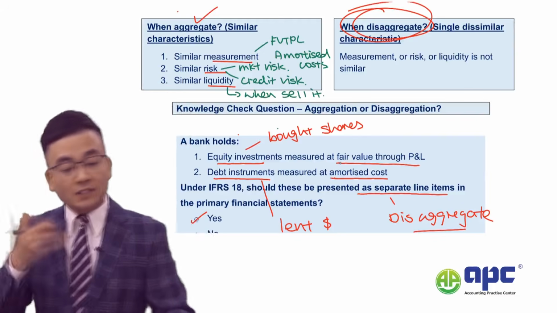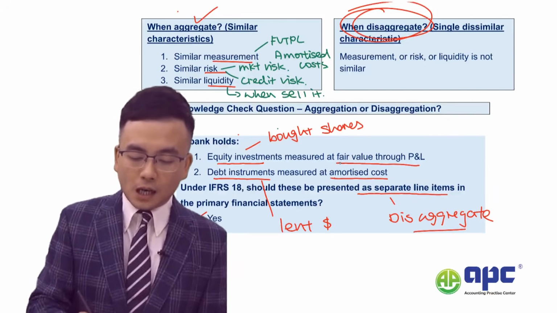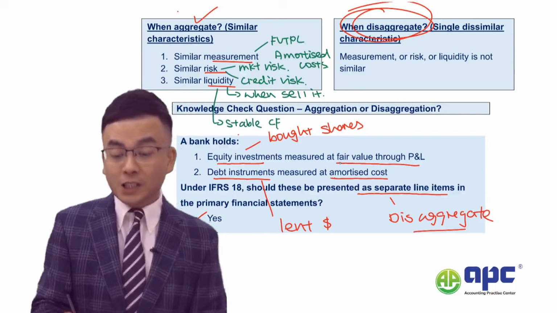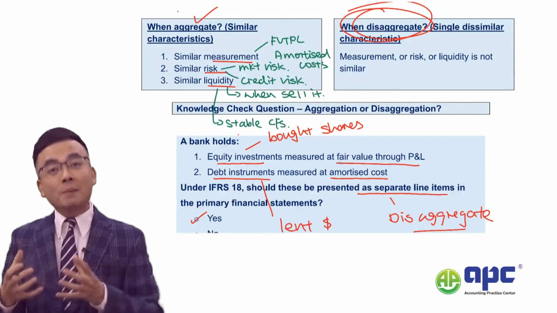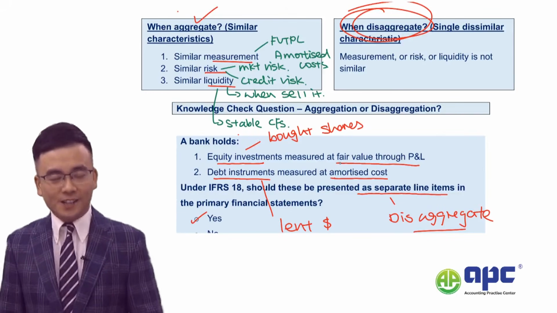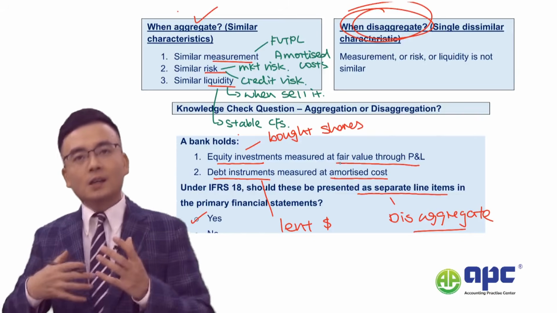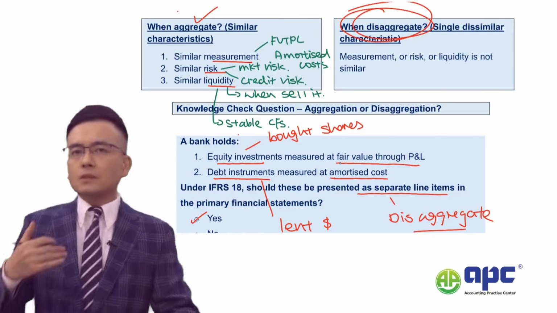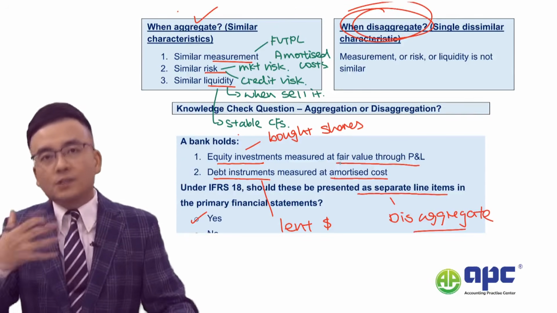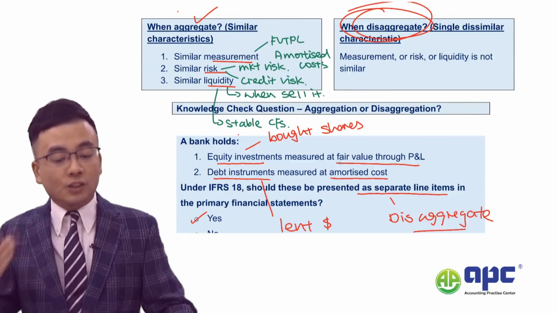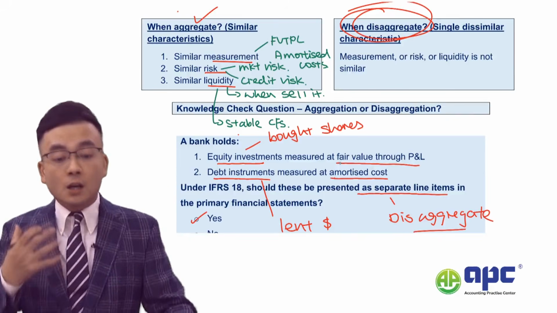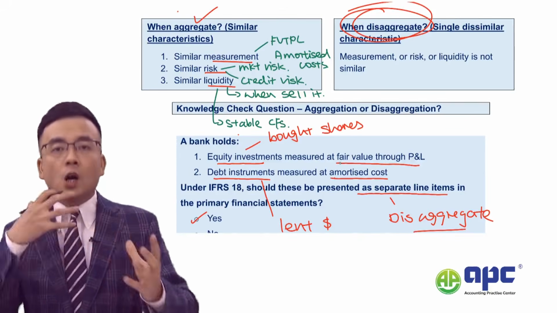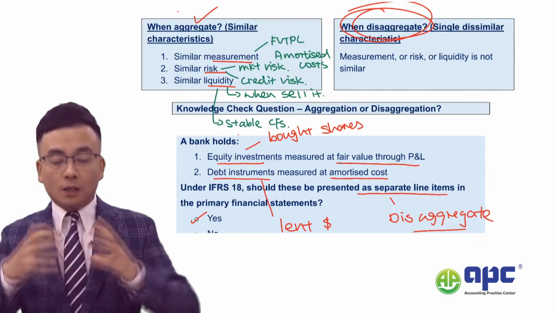However, a debt instrument has more stable cash flows in terms of liquidity, which means cash flows can be obtained, because we will most likely be receiving fixed interest income in each and every period. So neither of those would be quite similar with each other.